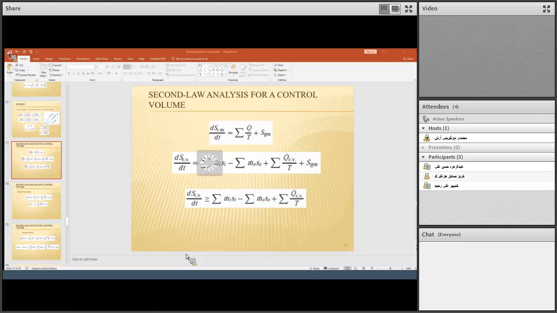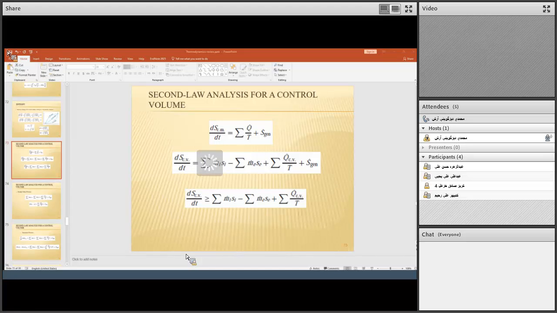You remember that we don't have any inlet or outlet for the system, and the mass of the system is constant. So the rate of entropy change during a process in a control mass equals the rate of heat transfer divided by temperature plus the rate of entropy generation.